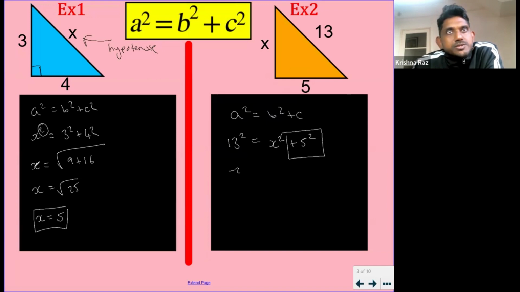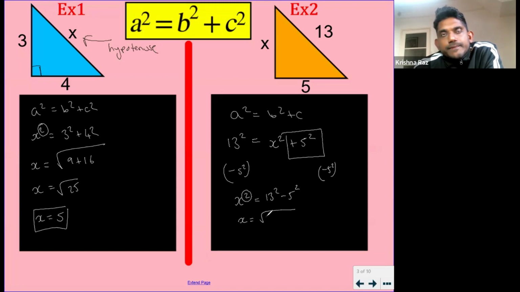I was going to write minus 25, which is also correct, but I'm going to put minus 5 squared. So what we end up with is x squared is 13 squared, take away 5 squared. So now we need to square root. And if you put that in your calculator, you will end up with 12.